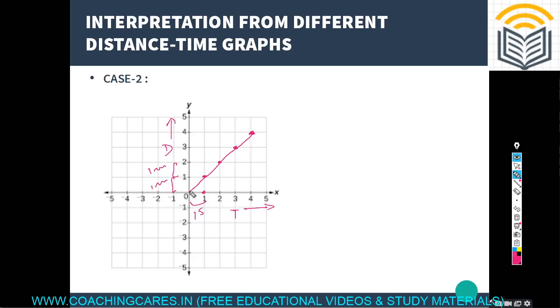The plotted graph is a straight, continuous line, and this kind of motion is known as uniform motion. So case 2 is uniform motion, and the interpretation of this graph is uniform motion of the object.